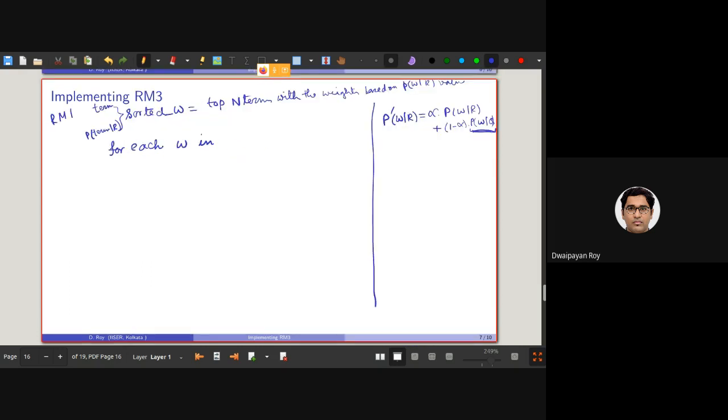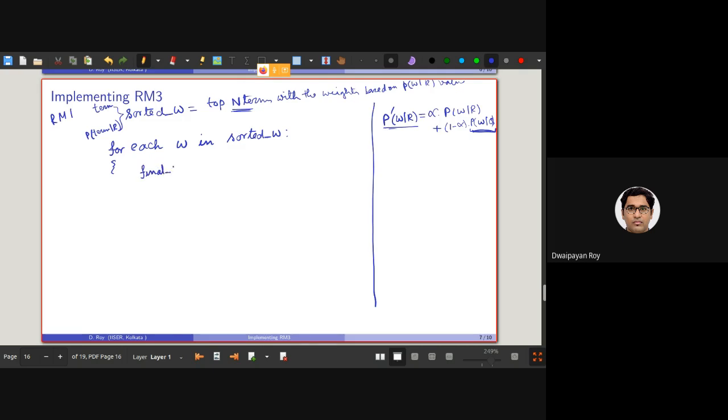Here it is for each W in sorted W. Note that in the sorted W, there are N words because only the top N terms are selected. So this will be computed for only those N terms.